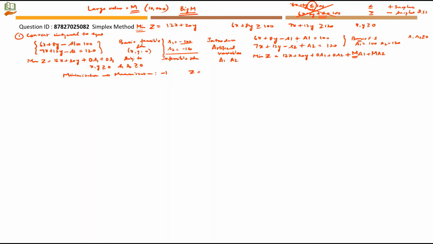So z is equal to minus 12x minus 20y. Then for 0, there is no use of saying it is plus 0 or minus 0, so let it stay as plus 0s1 plus 0s2. And m is a very big number. So we will have minus m into artificial variable 1 and minus m into artificial variable 2.